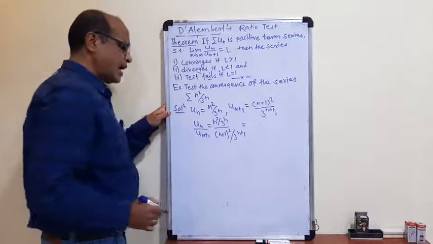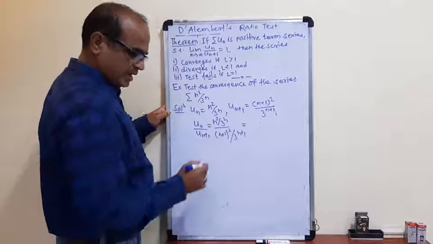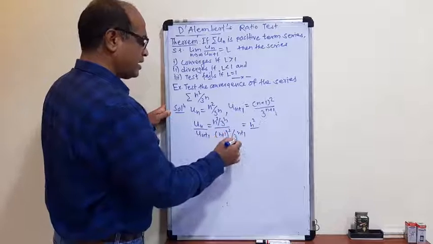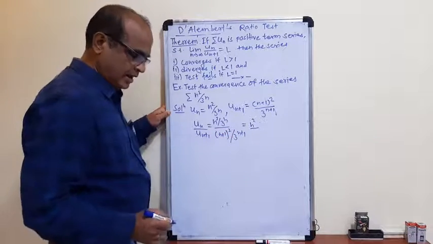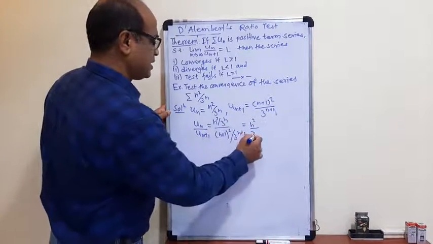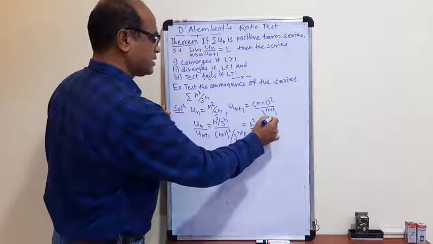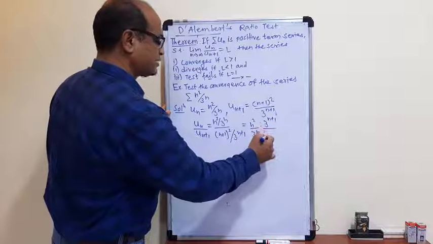So this can be written as n square divided by 3 raised to n, multiplied by 3 raised to n plus 1 divided by n plus 1 bracket square.